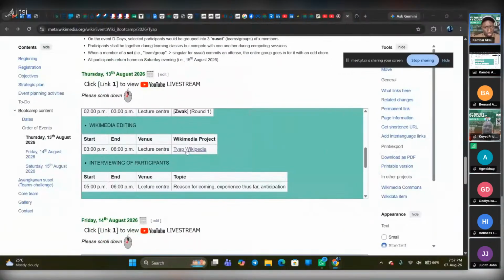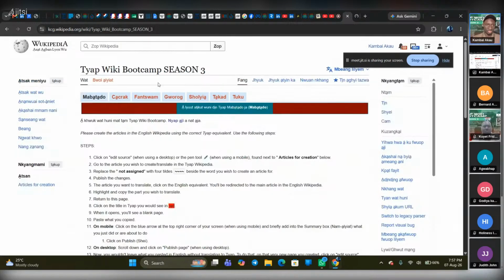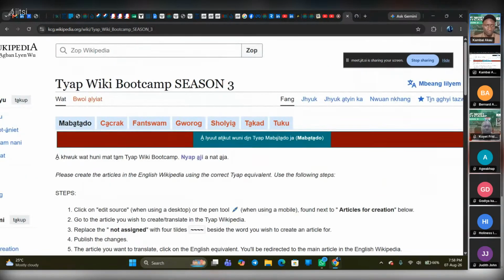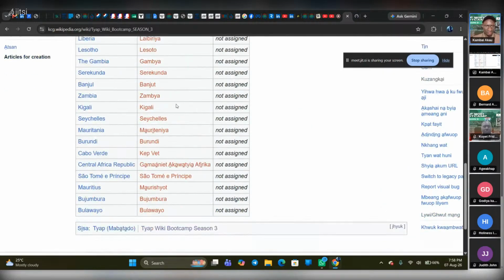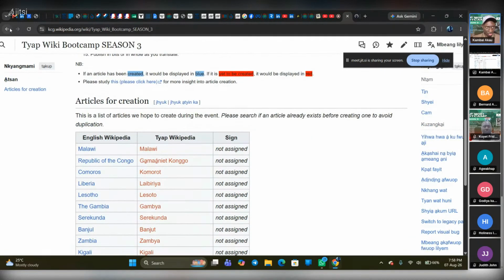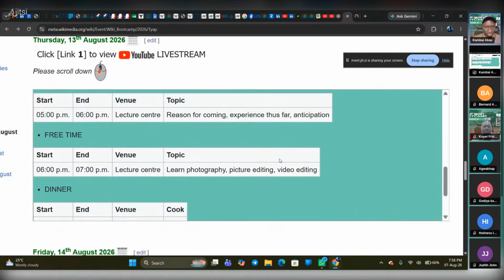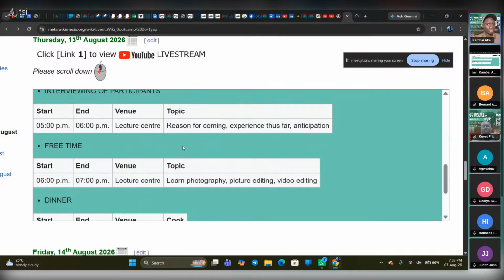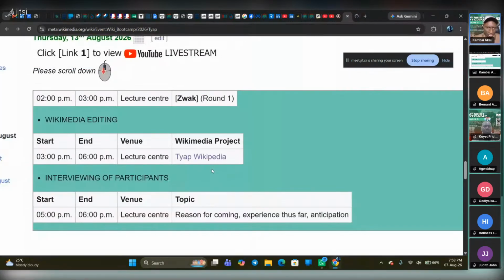And then we're also going to work on our Tyap Wikipedia and on the Tyap Dictionary. By the time you click on this, you are going to see this page, which is dedicated to this bootcamp program. We are going to have more than these articles you are seeing right here. There are going to be many. You are going to become Wikimedians during this bootcamp, and as well know how to write this language, because we're having this so that you have an understanding of the orthography as a speaker of the language, so that you can contribute to the Tyap Wikipedia and the Tyap Dictionary and other language Wikipedias.